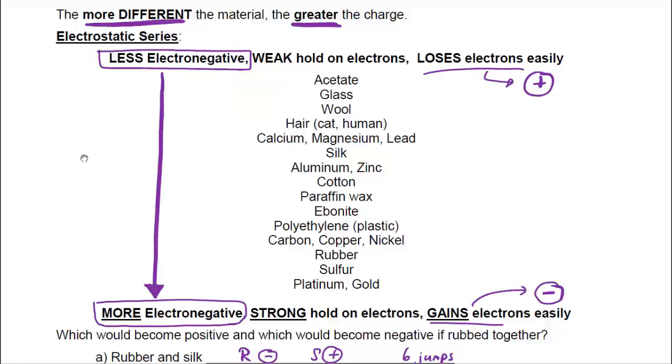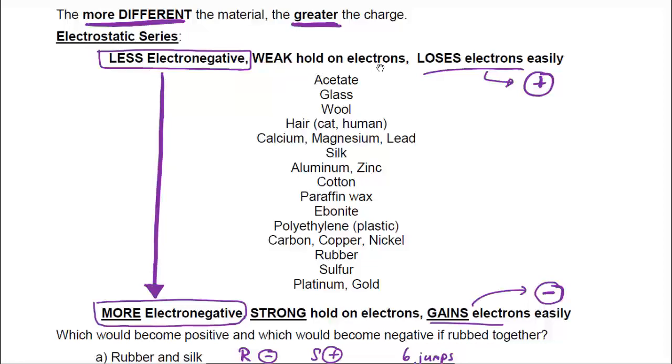Somebody at some point in time, maybe many somebodies at many points in time, have gone through and they've created a massive list. Now this is just a short snippet of the big list called the electrostatic series or the triboelectric series. And what they've done is they have put them in order of who has the strongest hold on electrons, at the bottom in this case, versus weakest hold on electrons.